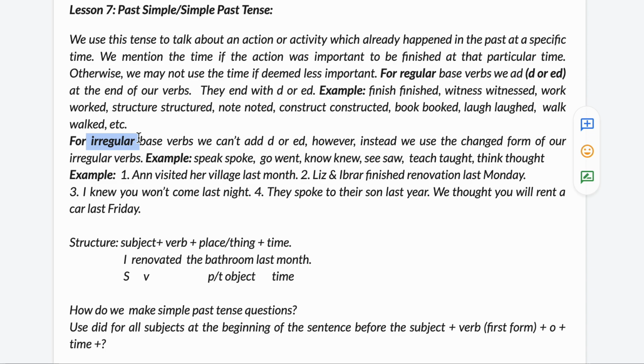Nouns that take S or ES at the end to make them plural are regular, and nouns that do not end with ES or S are irregular nouns. I'll just remind you with an example.